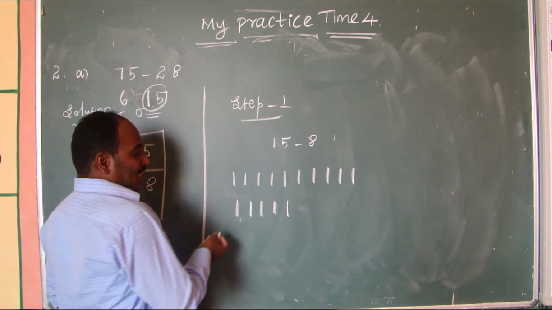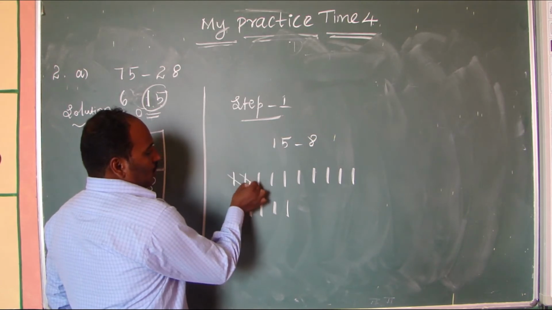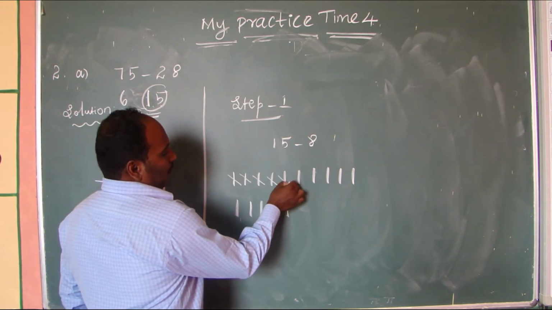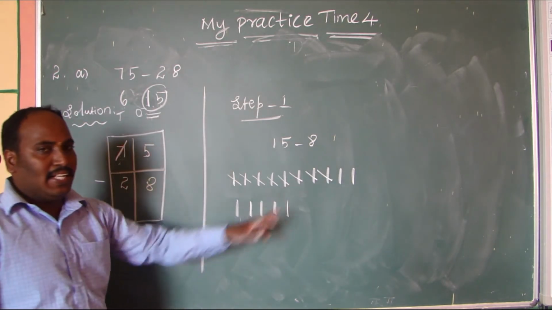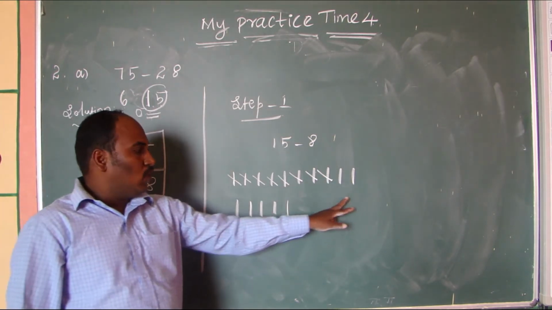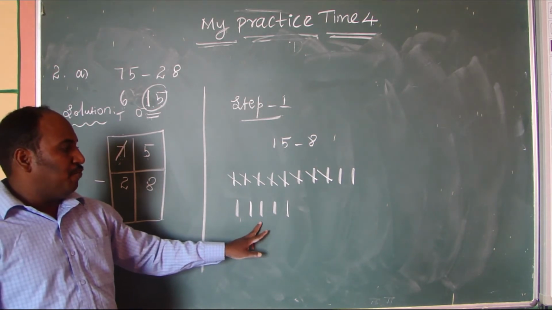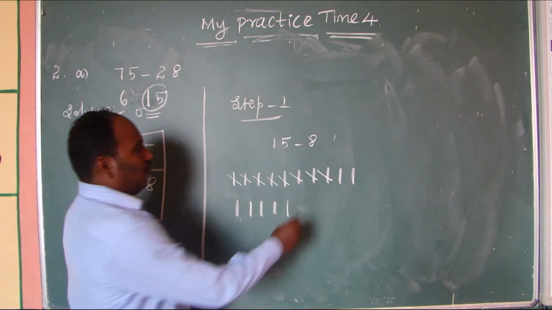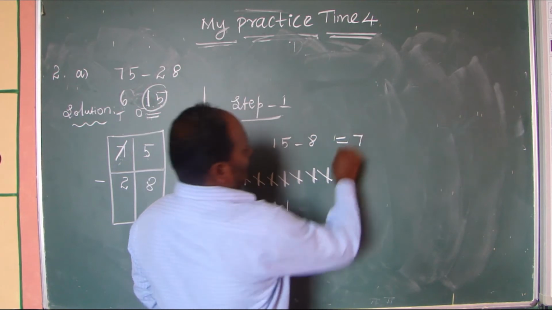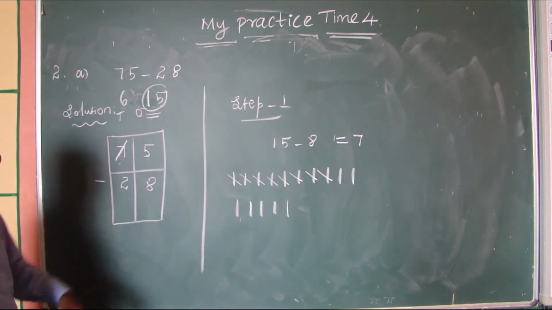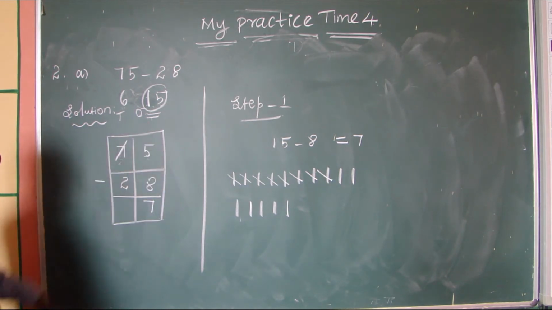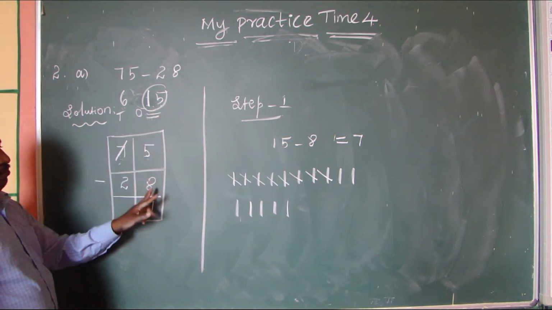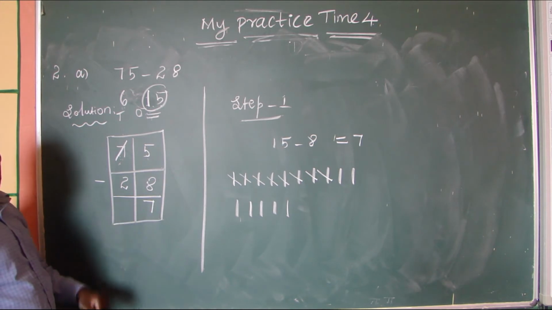So we cancel 8 lines, 1, 2, 3, 4, 5, 6, 7, 8, remaining 7. So 15 minus 8 is equal to 7. The number 7 is written in the ones place.